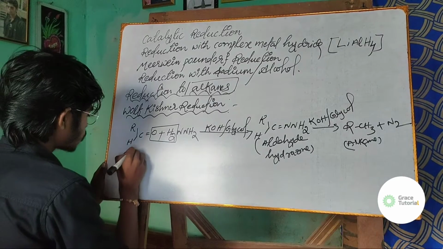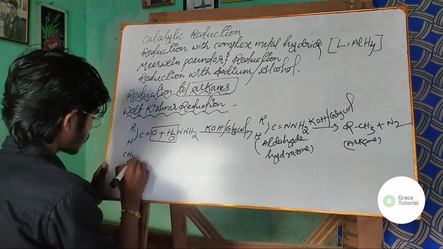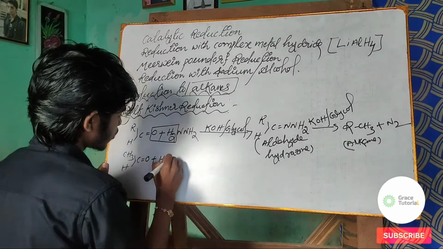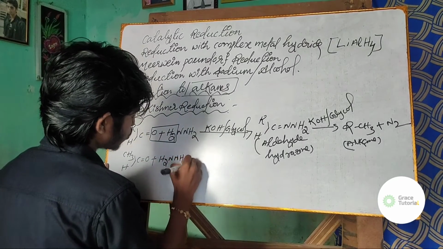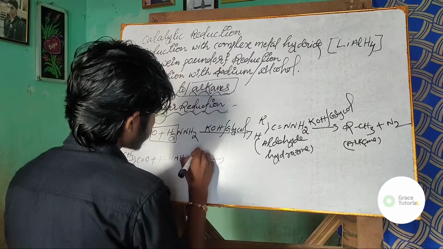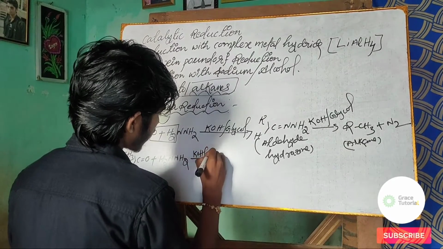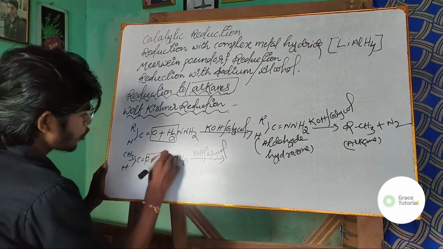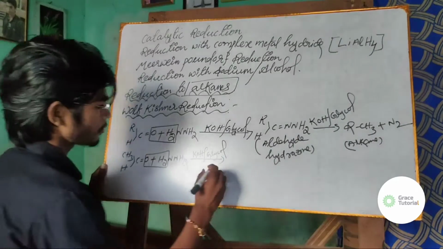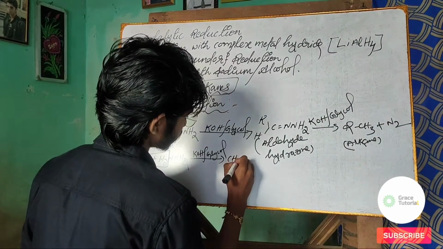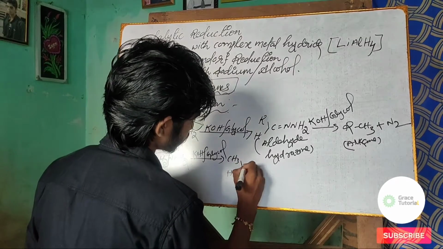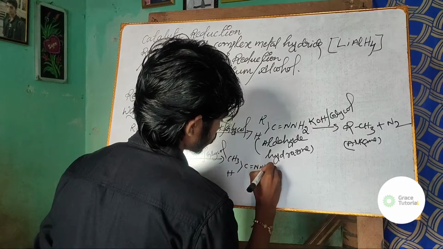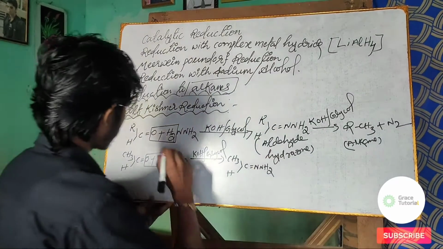Let us take a specific example so that you can understand it well. Putting CH3 here, H2N-NH2 in the presence of KOH in glycol. First of all, water is eliminated from here, giving =N-NH2.